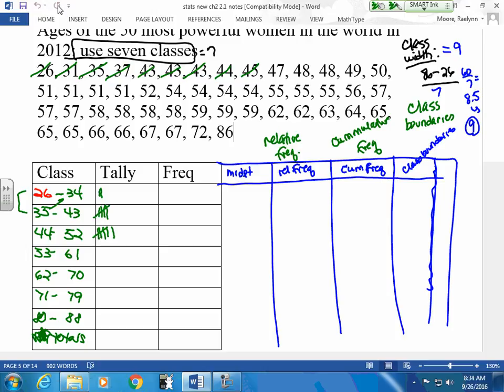This is the most important part, setting up this table. As you can see by doing this, you're really only looking at the numbers that you need. We didn't start at 20 to 29, 30 to 39, because we really had nobody before 26. So 26 is our beginning number.